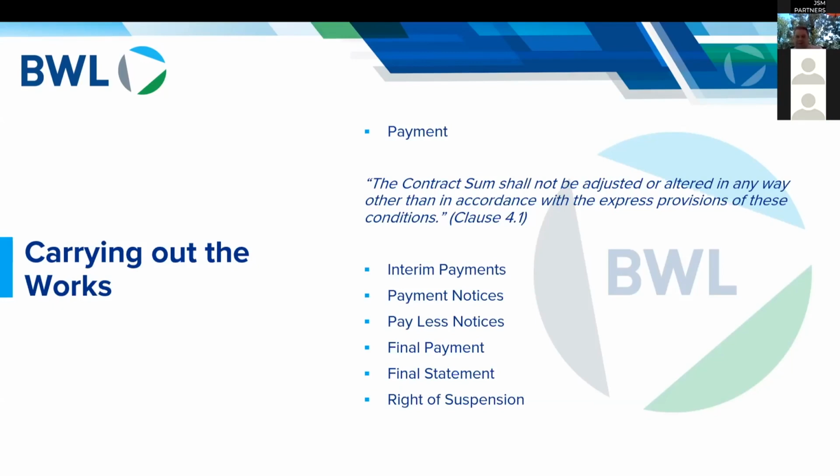Now, what typically happens is a developer or an employer gets this wrong. It doesn't issue the pay less notice, which means the application becomes the default payment certificate, which means that the contractor then adjudicates on what's typically called a smash and grab basis for the value of their application. And it's almost impossible for the developer or the employer to defend that process.